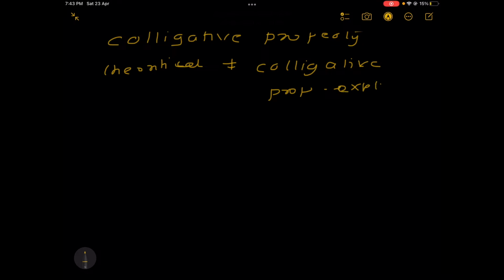Now what does it mean? As you know, colligative property is dependent upon the number of particles and does not depend upon the nature. The colligative properties are vapor pressure, osmotic pressure, elevation in boiling point, depression in freezing point.